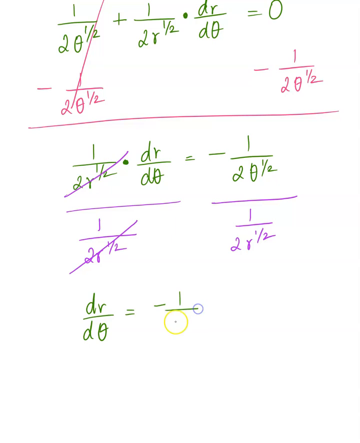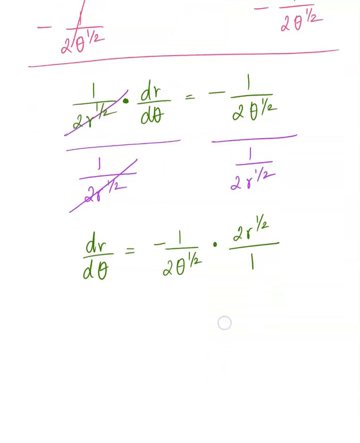So you always write the top fraction times the reciprocal of the bottom fraction. And that will help us to cancel off the 2's and combine them. Negative r power half over theta power half.